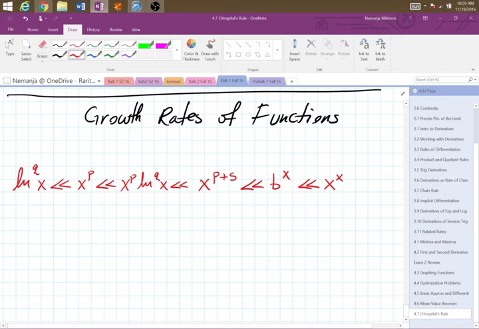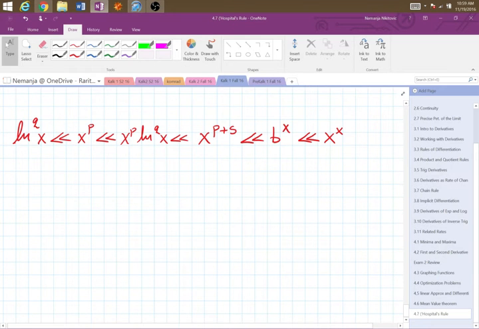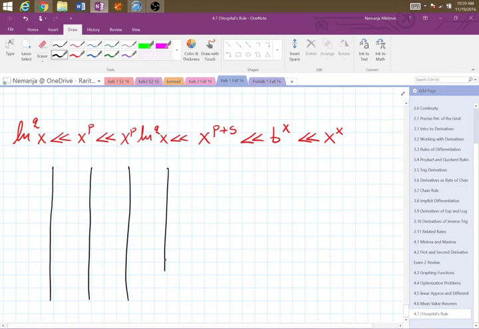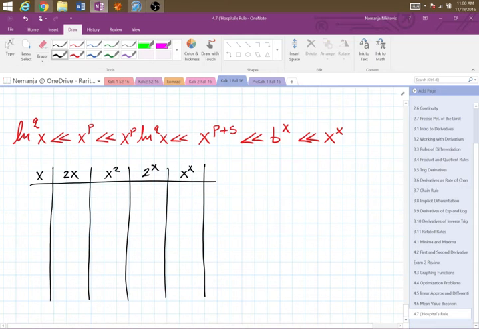Growth rate of functions. Now let's see what does this mean. I'm going to pick a few of these, compute some numbers. So I'm just going to have x, 2x, x squared, 2 to the x, and x to the x.